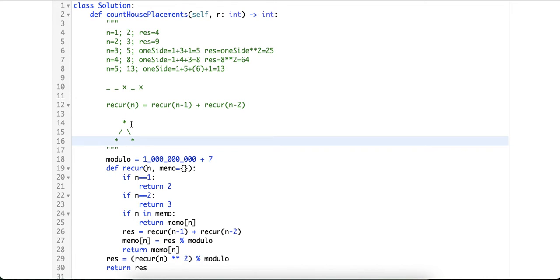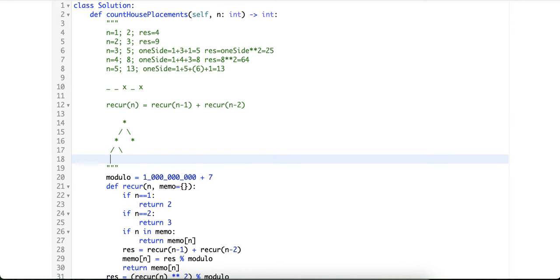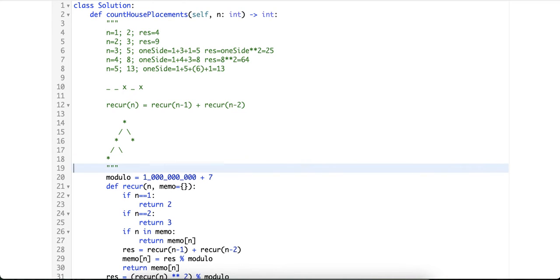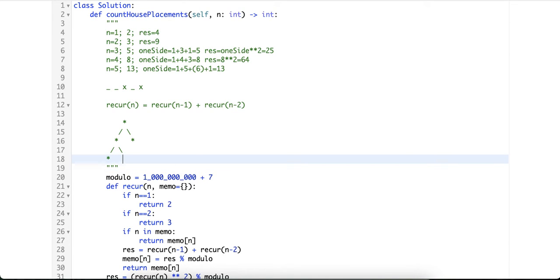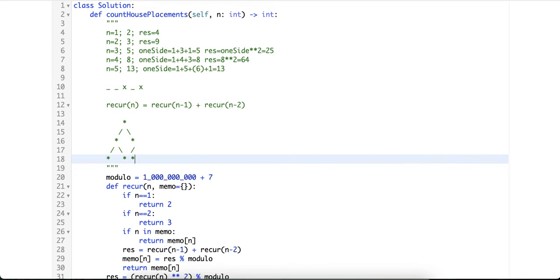If n is increasing by 1, the height of the tree is increasing by 1. So the more n, the more the height. And for each height, it will have the relationship to 2 of its previous value, which for its previous value, it has the relationship of its other 2 previous values. Like this.